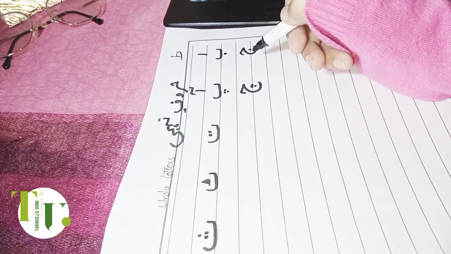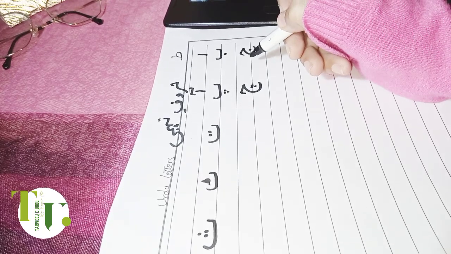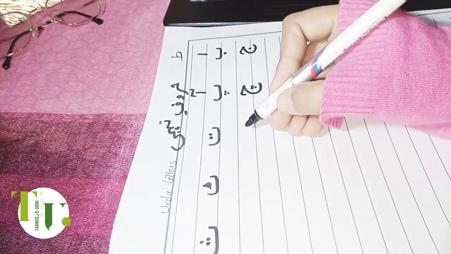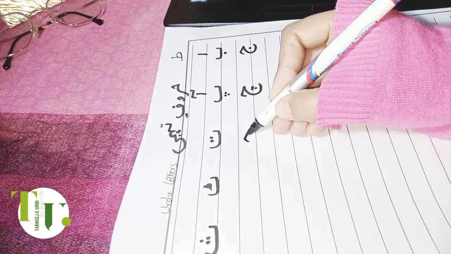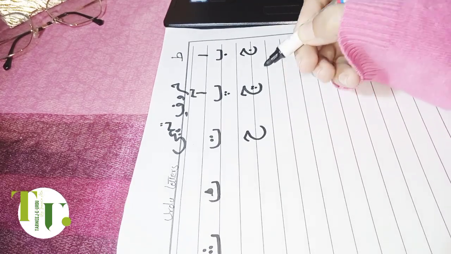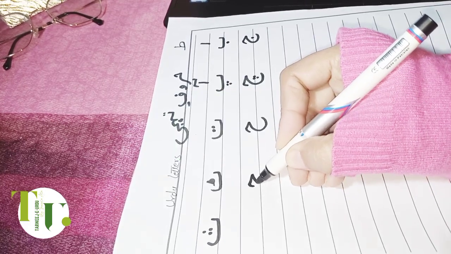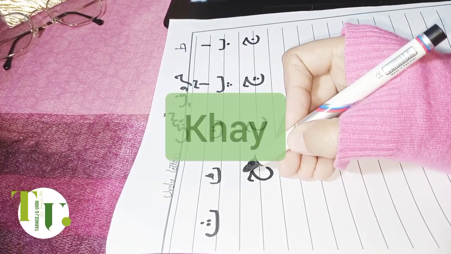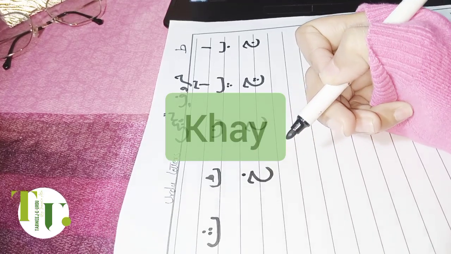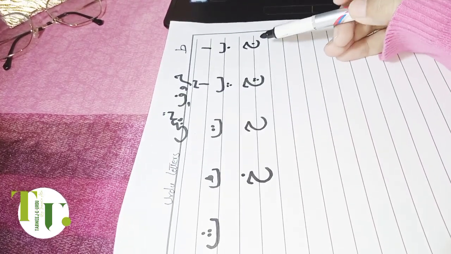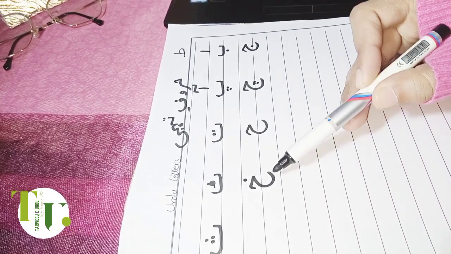Okay, Jim, che. Now we have he. He has no dot. Then we have to write khe. Khe has one dot at the top of the shape. Okay. Jim, che, he, khe.